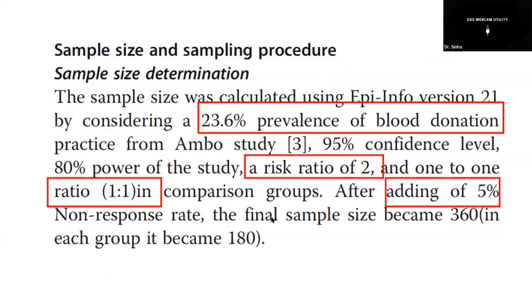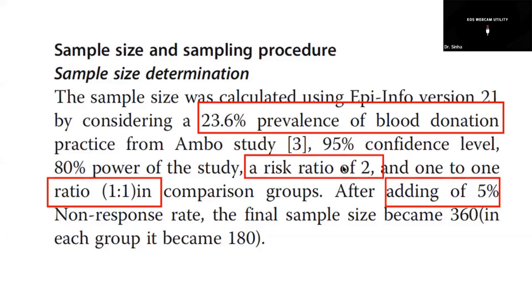The author has written that the sample size was calculated using EpiInfo version 21, by considering a 23.6% prevalence of blood donation, a 95% confidence level, 80% power, and a risk ratio. He has written risk ratio.